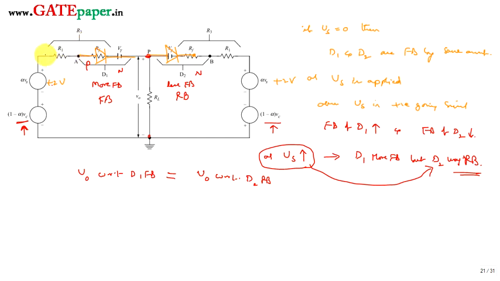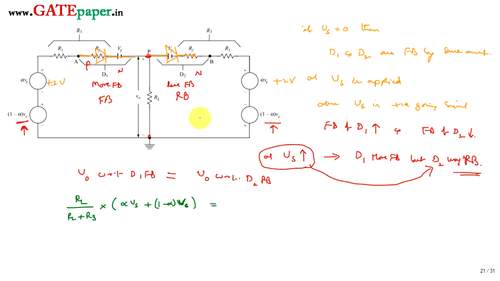Whenever D1 is forward biased, a current flows. That current drops across R3 as well as RL, and this is the total voltage. So the total voltage drops across R3 and RL, and using the voltage division rule you can write it as RL divided by RL plus R3, times the total voltage. The total voltage is alpha Vs plus 1 minus alpha times Vc, where capital Vc is some constant voltage during the transmission period.